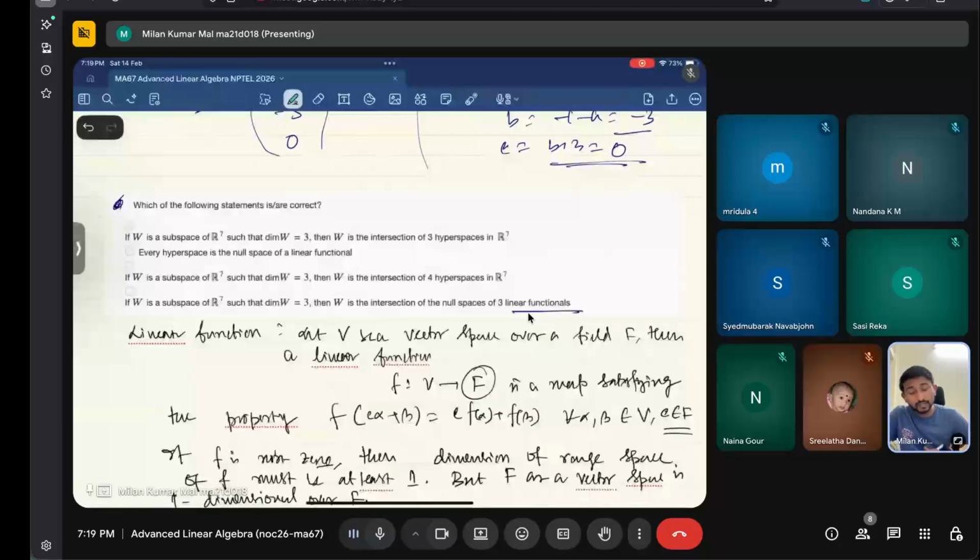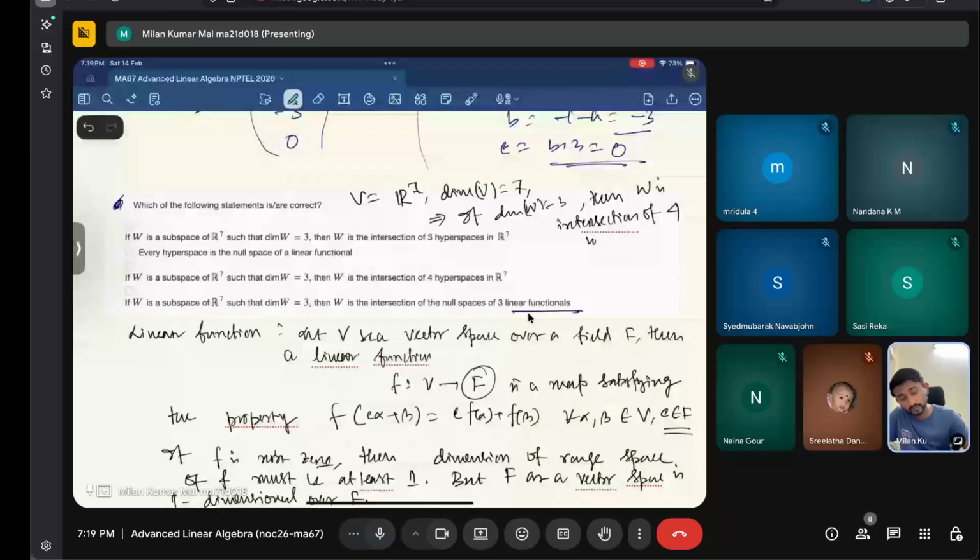First, the dimension of W is 3. Then W is the intersection of 3 hyperspaces. That's not clear. If the dimension of W equals 3, then W is the intersection of 7 minus 3, that is 4, hyperplanes. So the first statement is not correct.